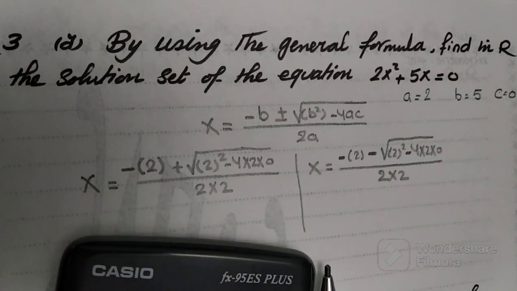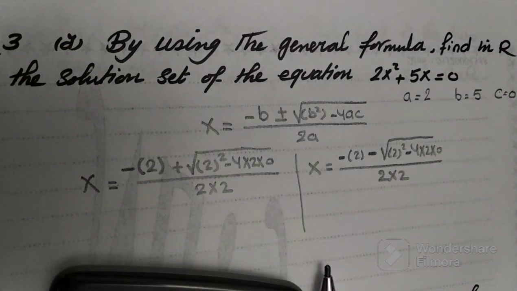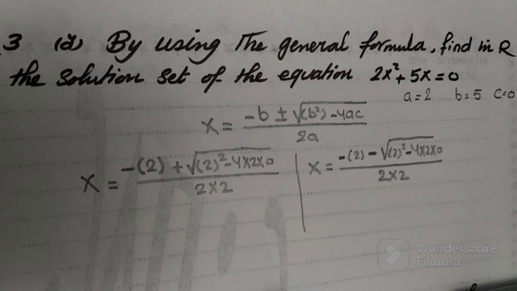Negative 2 plus the square root of 2 power 2, 4 minus 8 minus 0, over 2 by 2 equals 4. It is 0. x equals 0.